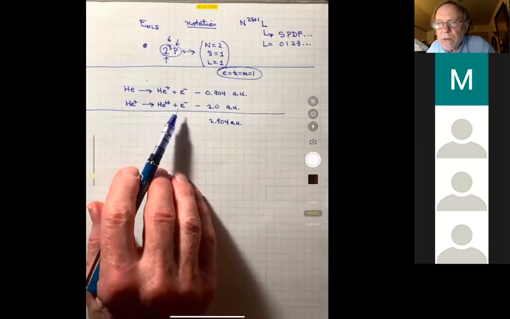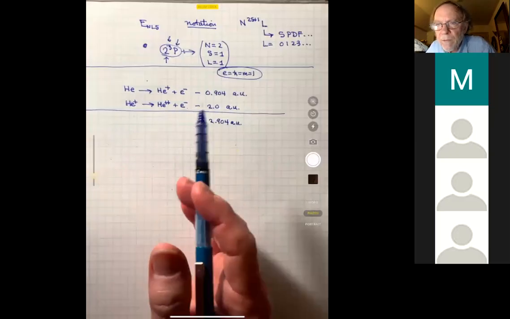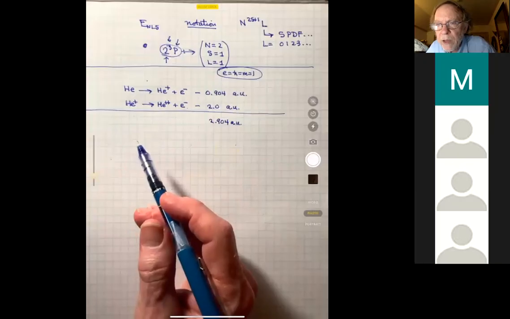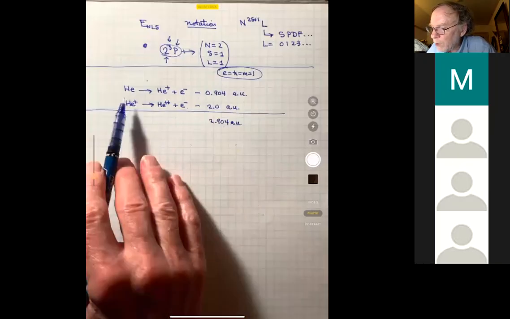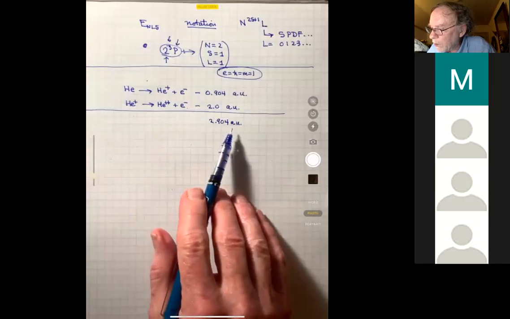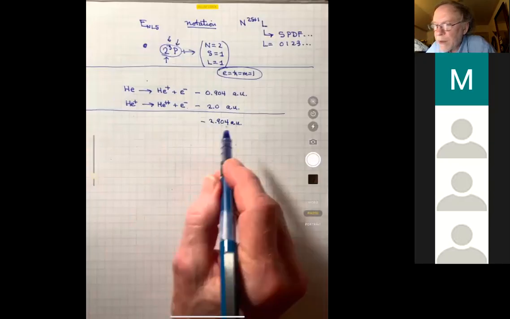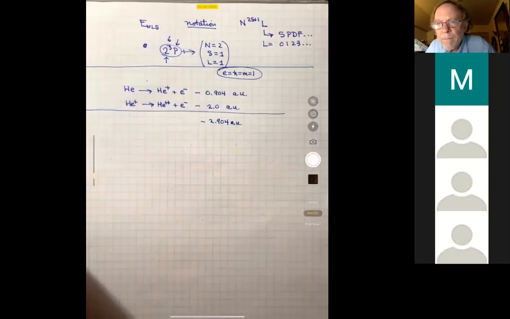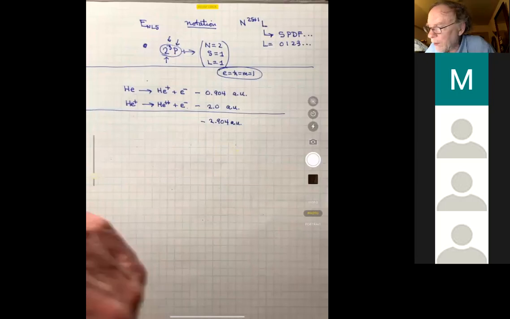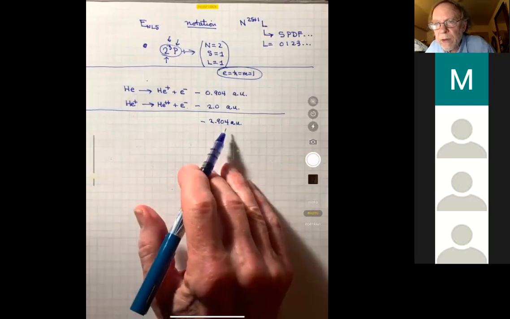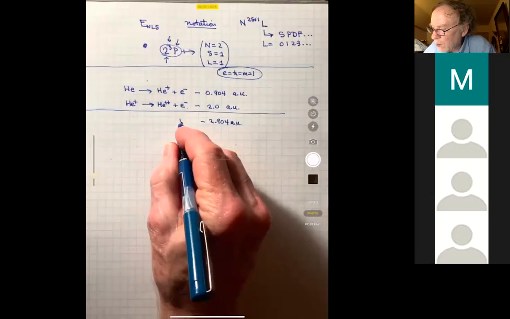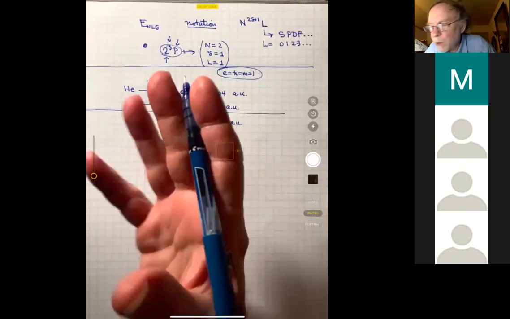The nucleus and the two electrons are separated at infinite distance. So if we follow that convention and call that the 0 point of energy, then the original helium atom we started with is at an energy of minus 2.904 atomic units compared to that reference. That then becomes the ground state energy of helium. So E0 is equal to that with this convention.